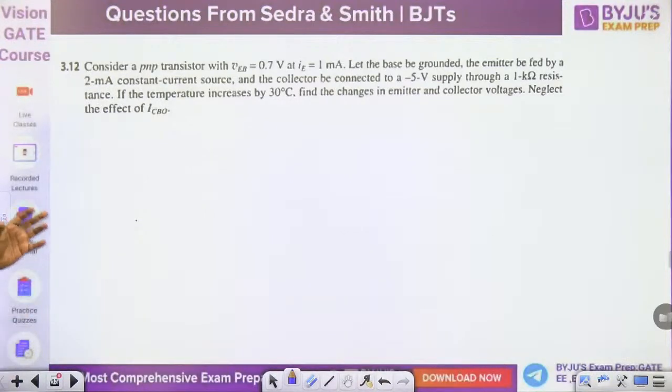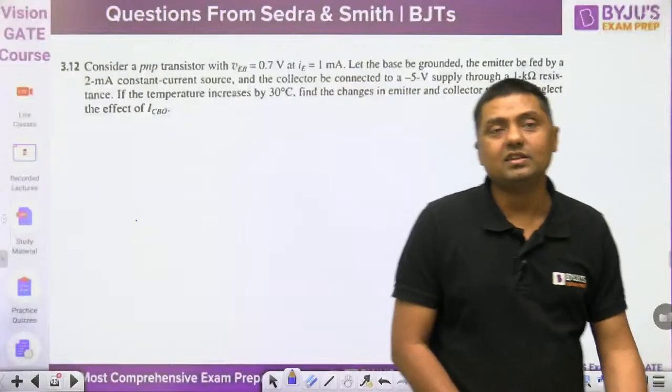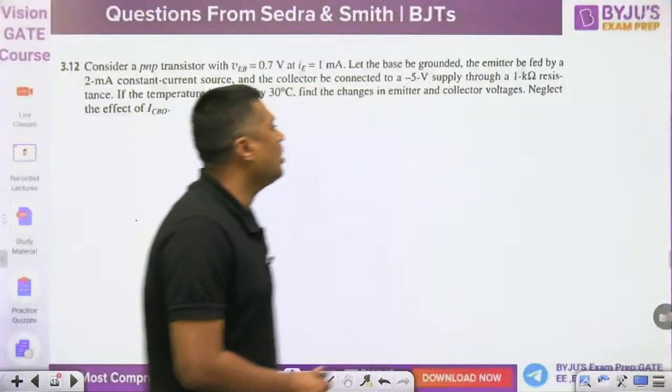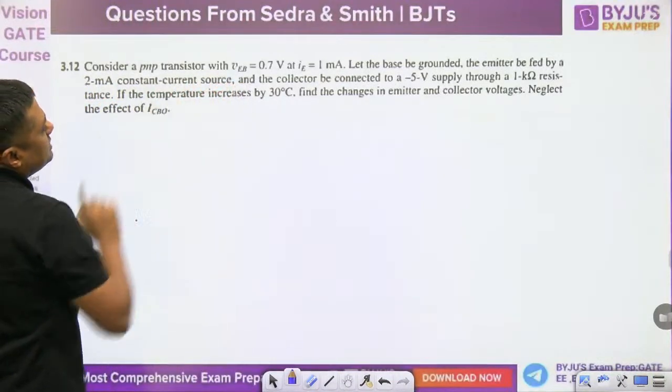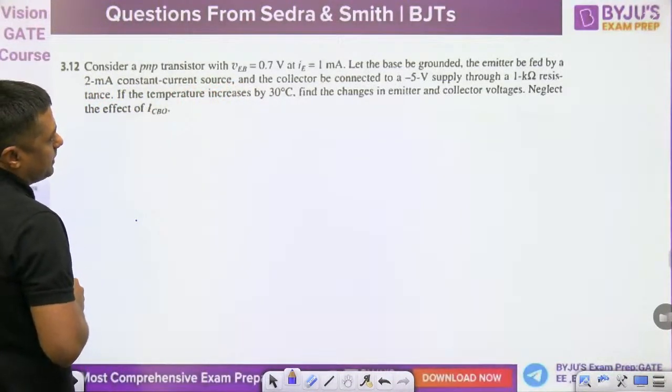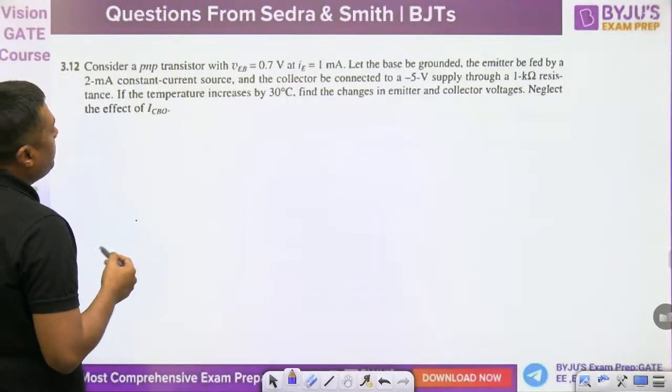Now next one. Okay, watch this. The diagram is not given. You have to draw the diagram. That is again another type of challenge. If the diagram is not given, consider a PNP with VEB 0.7 volt at I equal to 1 milliampere. I is equal to what? 1 milliampere.